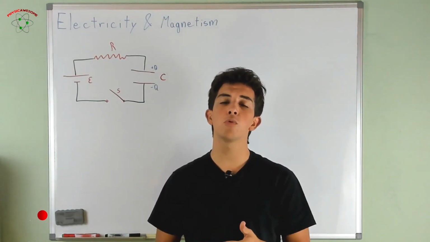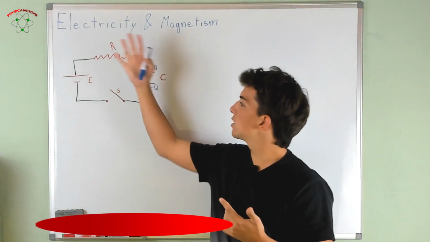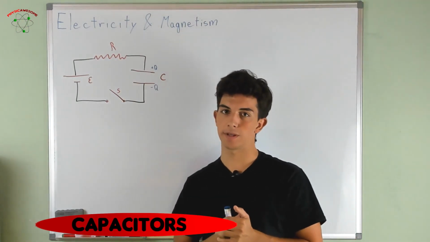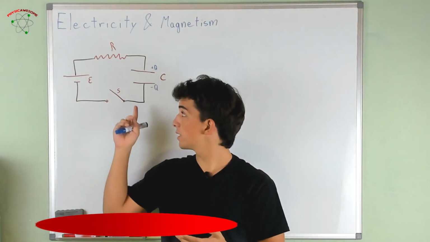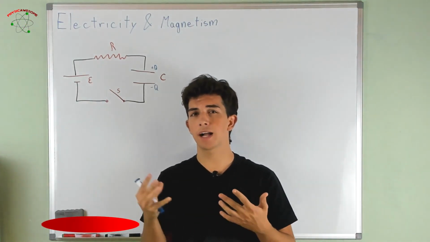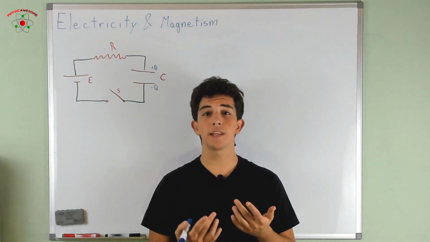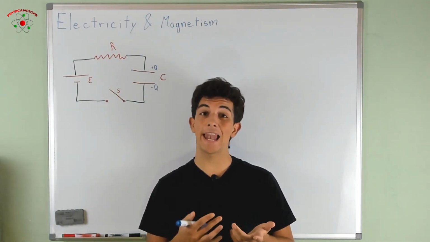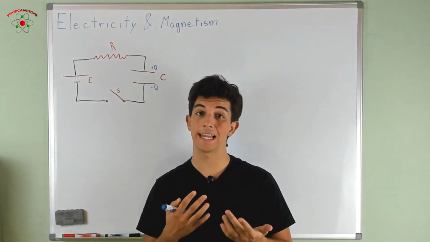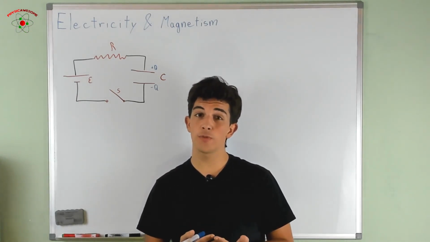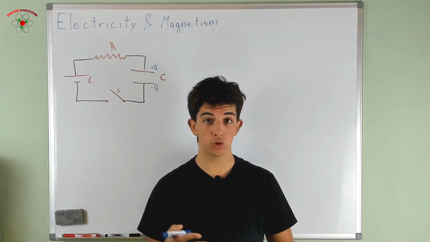Alright, now we're ready to examine a circuit with a capacitor. Know that when this circuit closes, a capacitor is going to act pretty much like a battery. It's a battery that stores its energy in electrical form, in electrical energy. Therefore, it gets released so much quicker.